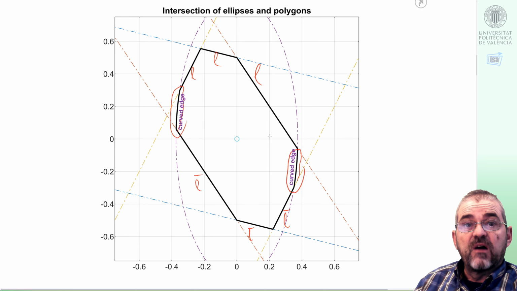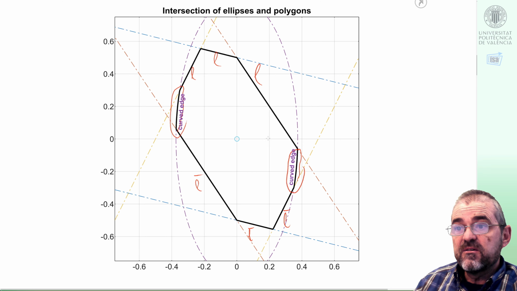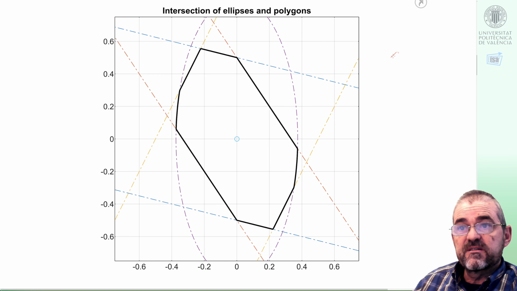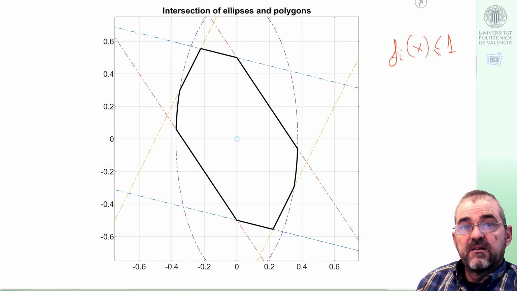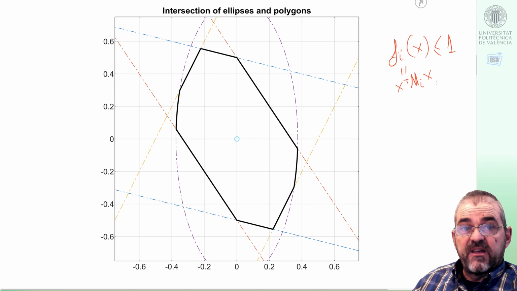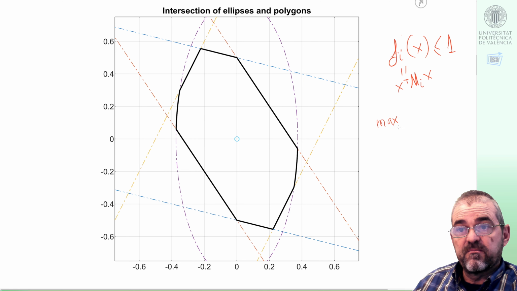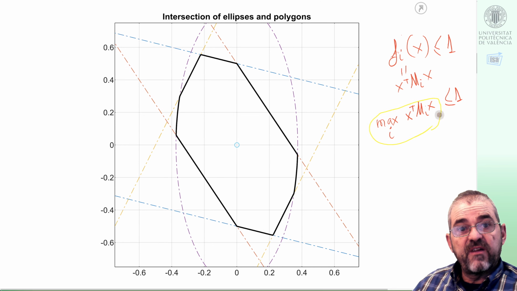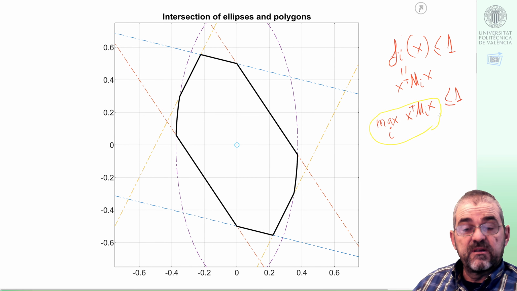Then, how do we define the interior of this black region? Well, if we have a set of constraints that must be less than 1, in particular quadratic ones in this case, if x must fulfill all of them, this means that what we are actually saying is that the maximum of everything must be less than 1.